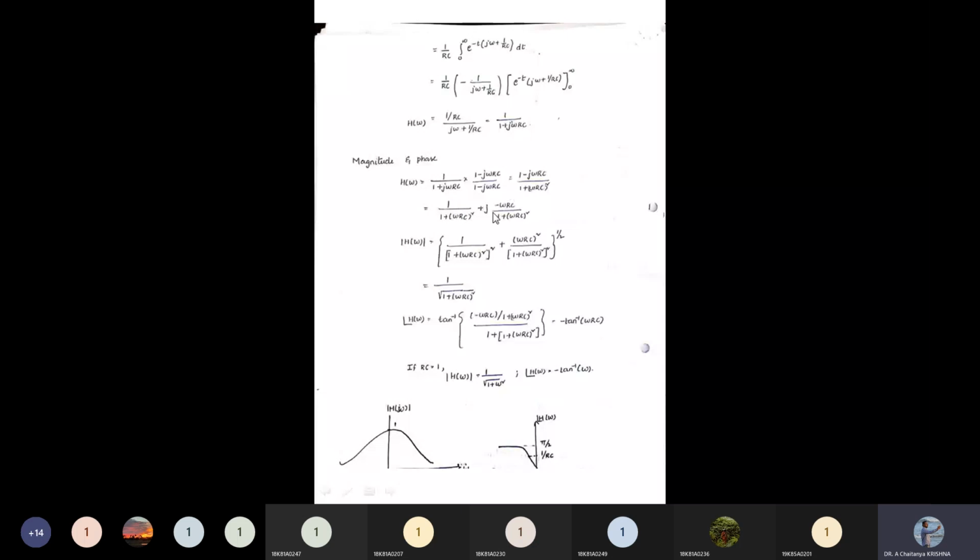If we have x plus jy, then under root of x square plus y square is the magnitude response, and tan inverse of y by x is the phase. Under root of 1 plus omega square rc square, the 1 cancels, and the remaining magnitude is 1 by root of 1 plus omega rc square.